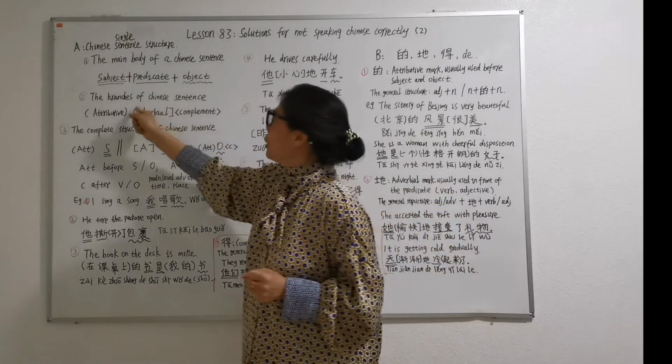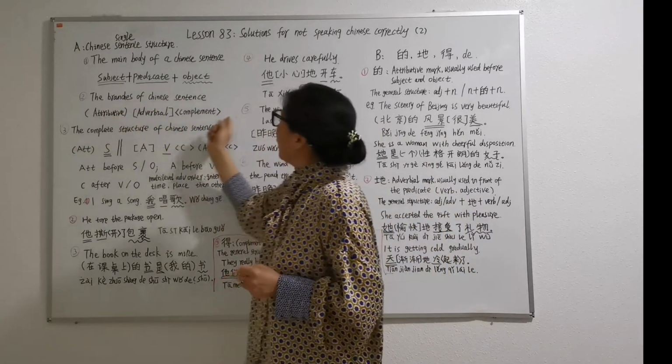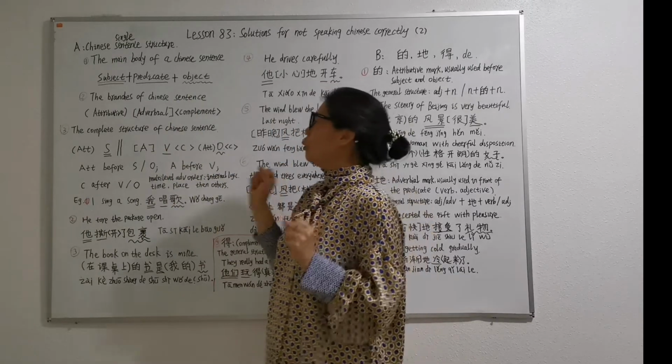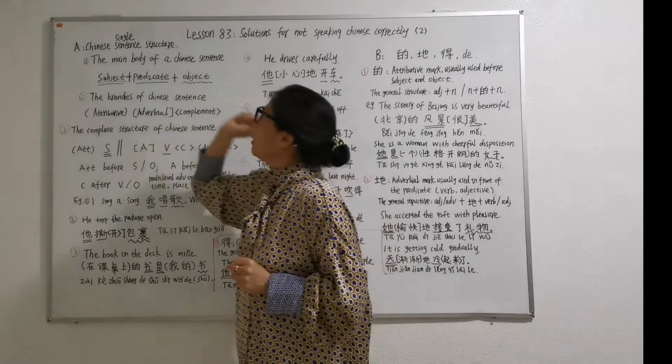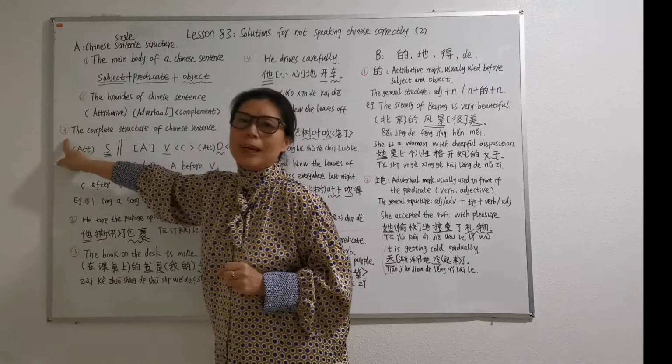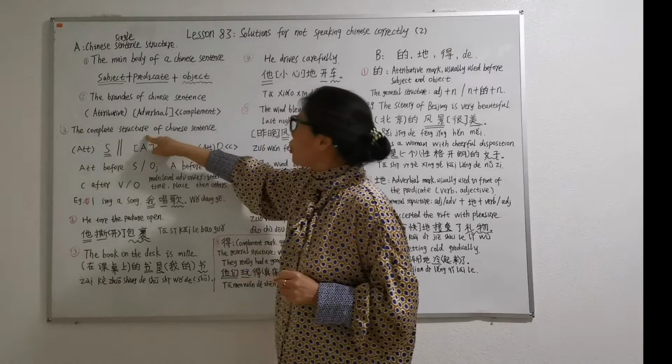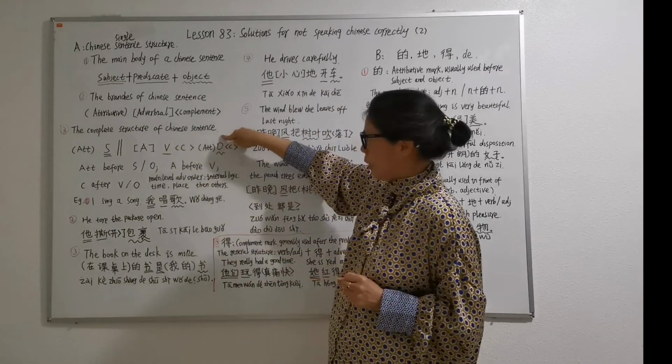So these 3 elements are very important. Now, to solve the problem, we go to the third structure, the complete structure of a Chinese sentence.